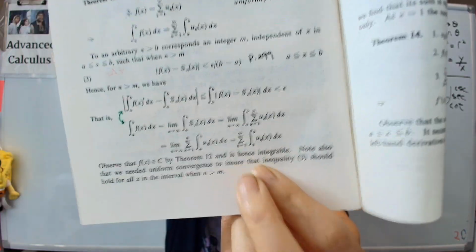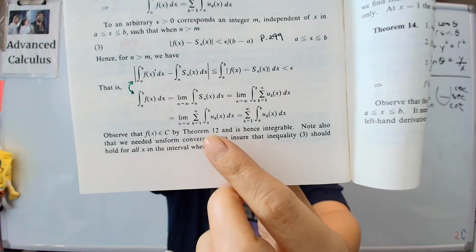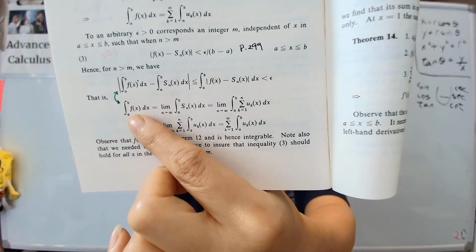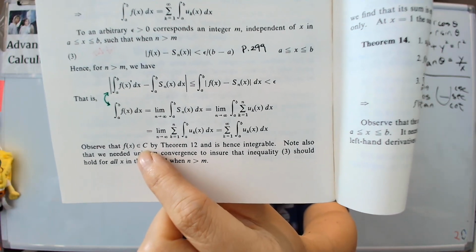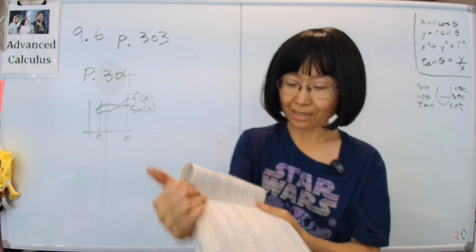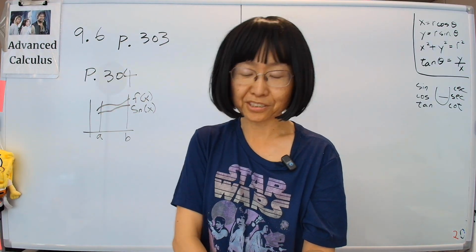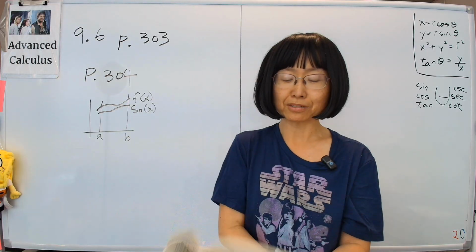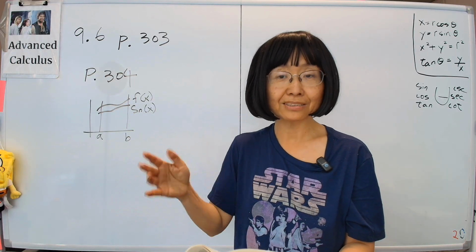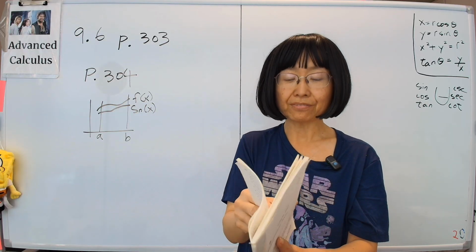Now notice that this has to make sense, and this makes sense because f of x is continuous. Therefore, it is integrable. Okay, that matters, just to make sure. Then nobody can say, but what if f isn't integrable, then what are we talking about? Let's not worry about that, because f is continuous.